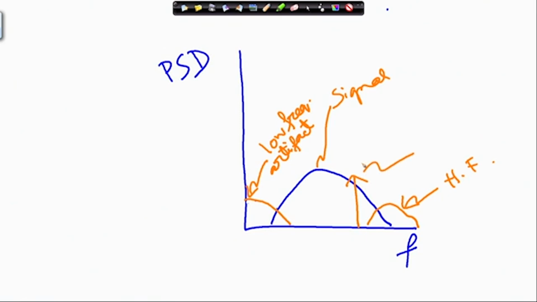Okay. This is the power frequency hum. Okay.